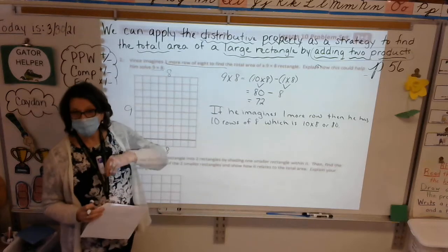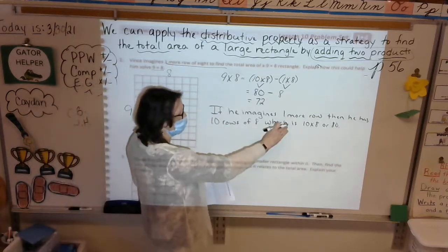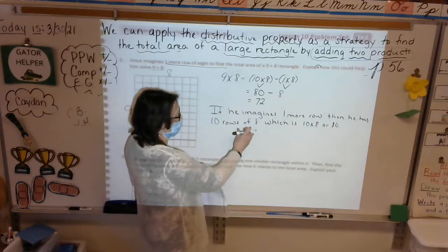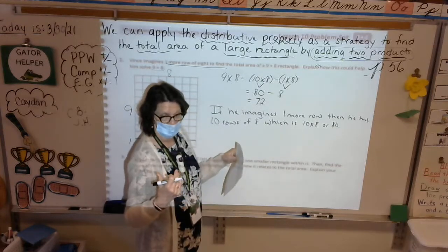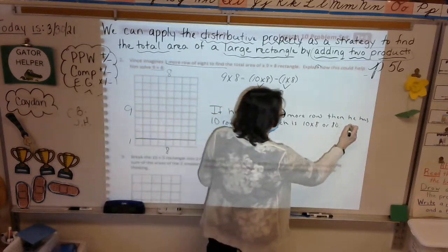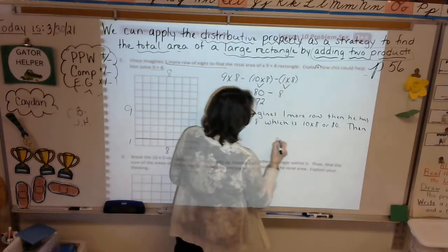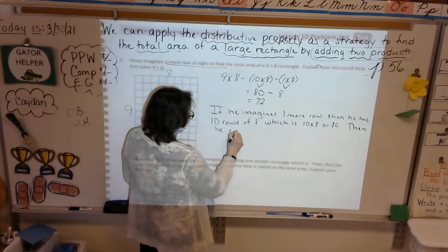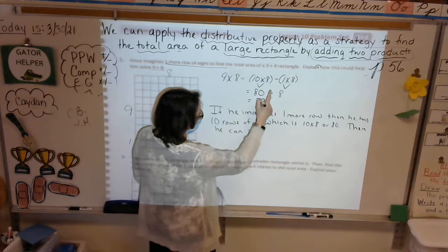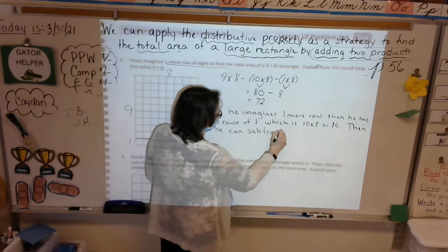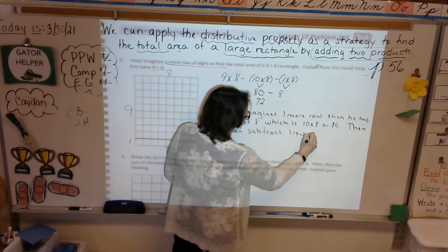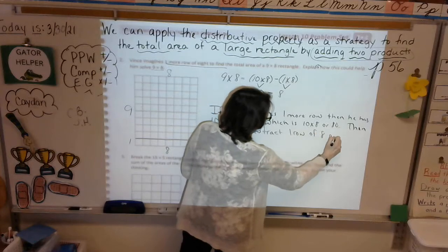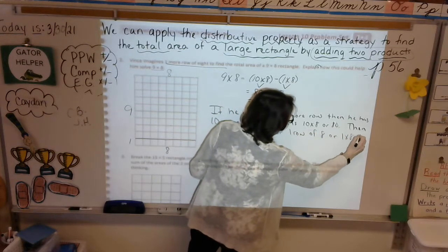He subtracted 1 row of 8. So if he imagines one more row, then he has 10 rows of 8, which is 10 times 8, or 80. Then he can subtract, which is exactly what we did here, subtract 1 row of 8, or 1 times 8 equals 8.